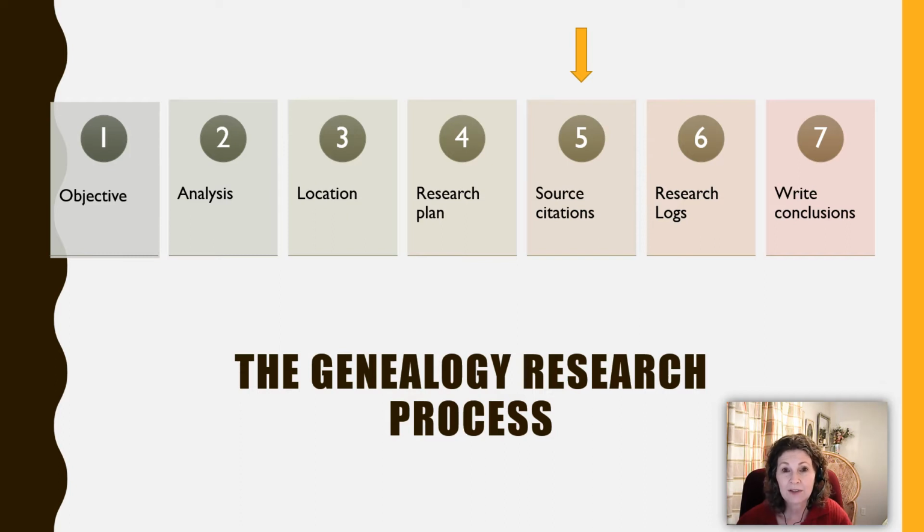If we have browsed an entire microfilm on Family Search and did not find our person, we want to make sure we have a source citation and an entry in our research log saying that so that we don't go back and look at that exact same collection a few years further on. I'm sure I'm not the only one who searched something more than once and the record still was not there, because I hadn't kept track in a research log and I didn't have a source citation about it. So when we finish our phase of research, then we can write our conclusion, and our source citation can go right there into our conclusion.